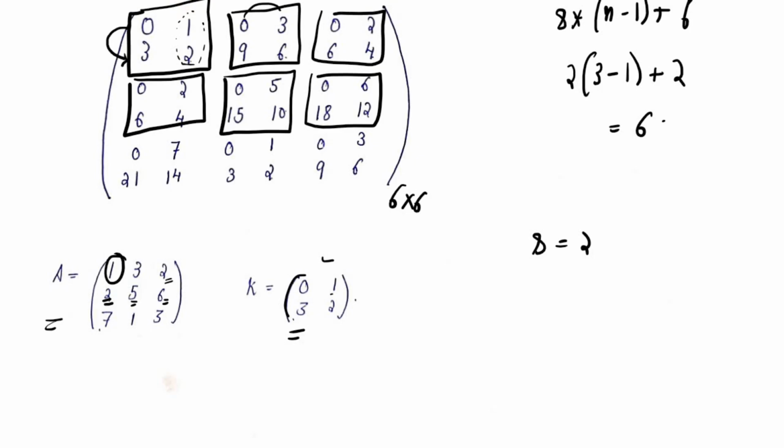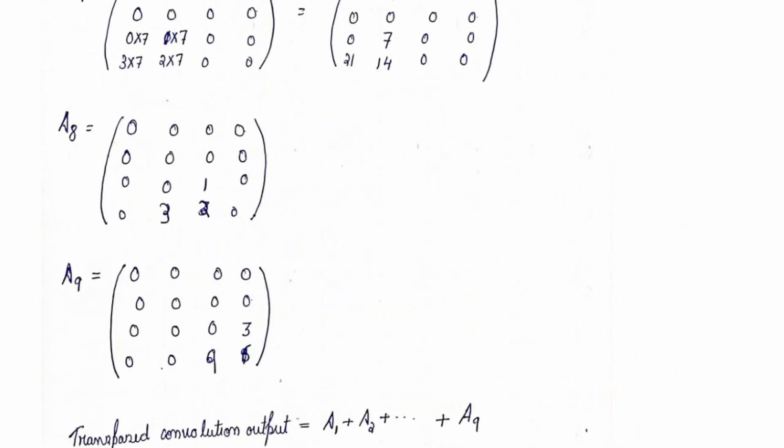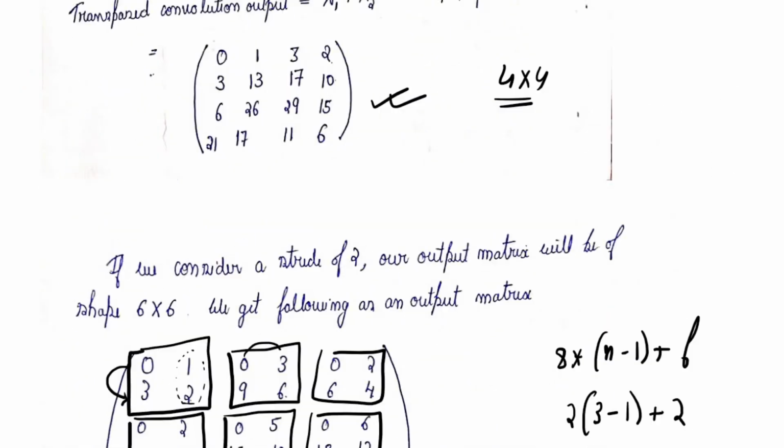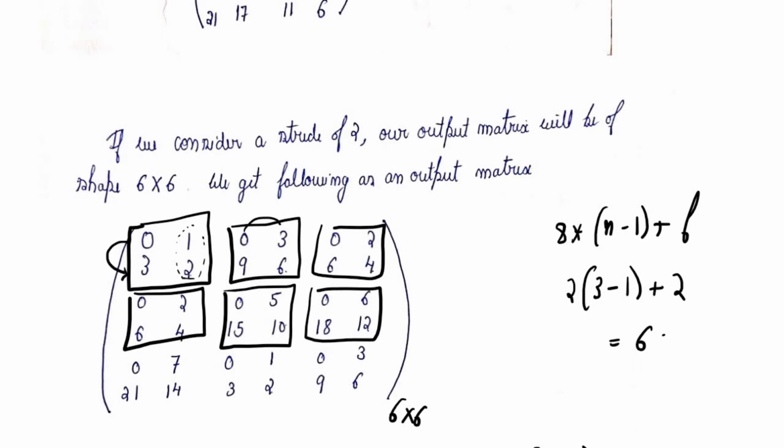The only thing one has to remember while performing a transpose convolution is that if the input size is given and the kernel size is given, and no stride is given, this is exactly how the formula for output is going to look. But in case there is a stride given, this is exactly the formula one has to use for calculating the output in the presence of stride.